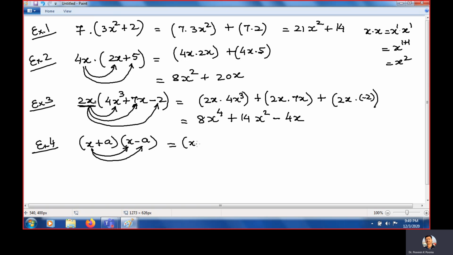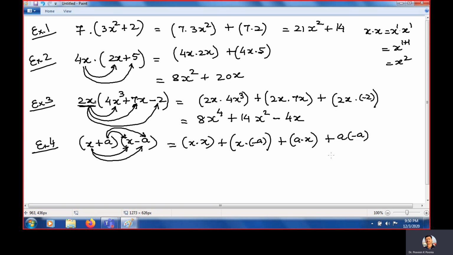What is it? x into x plus x into minus a. This is the first step. You multiply x, first term, second term. Then multiply by a here and then a here. It is plus a into x and plus a into minus a.